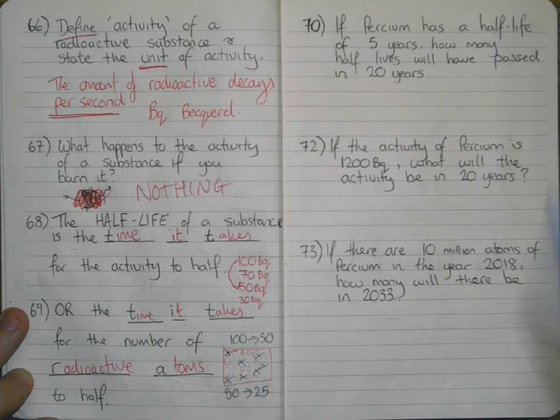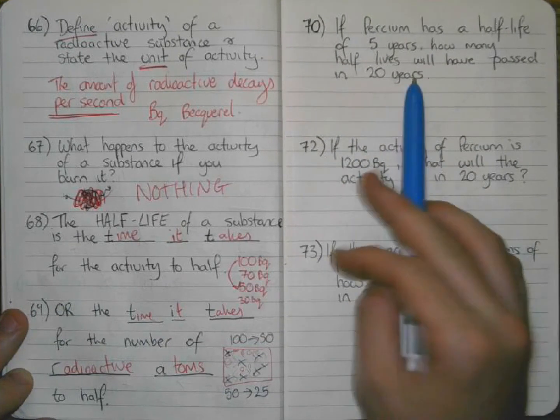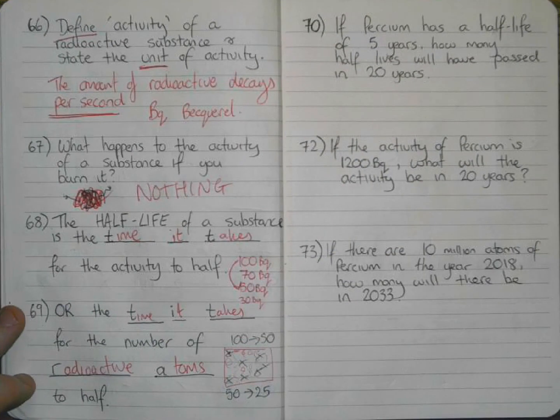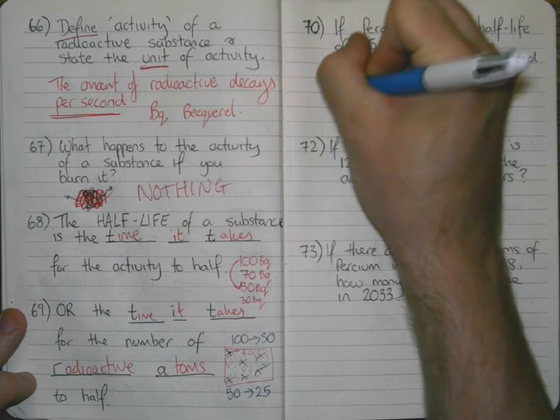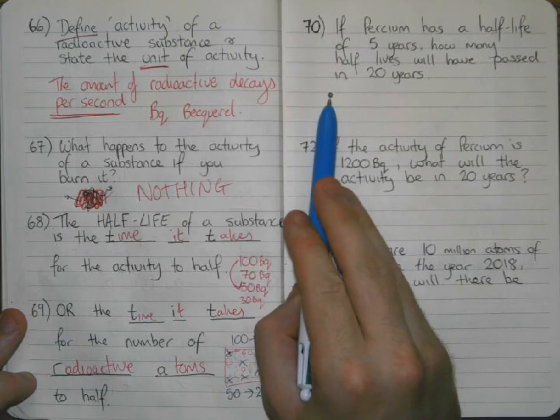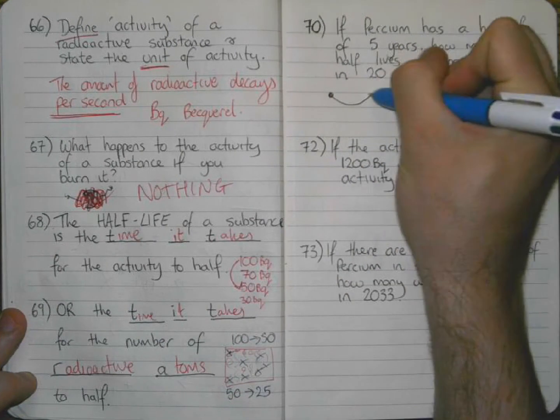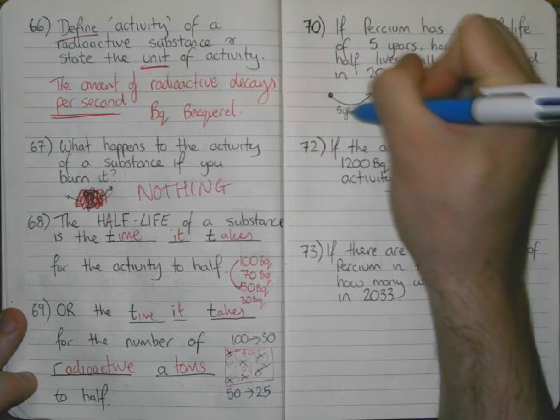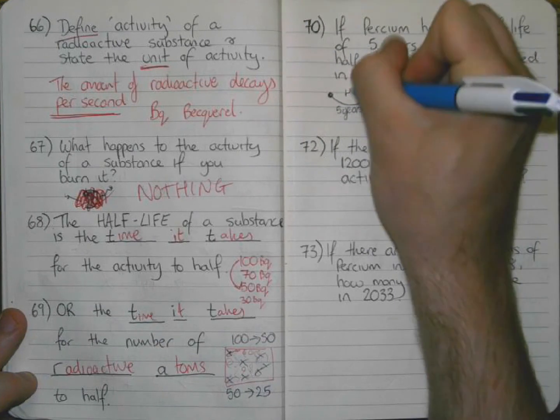The question is, how many half-lives would have passed in 20 years? Now, I also do my own little diagram for this. Here's my starting point. 5 years passes, which is 1 half-life.